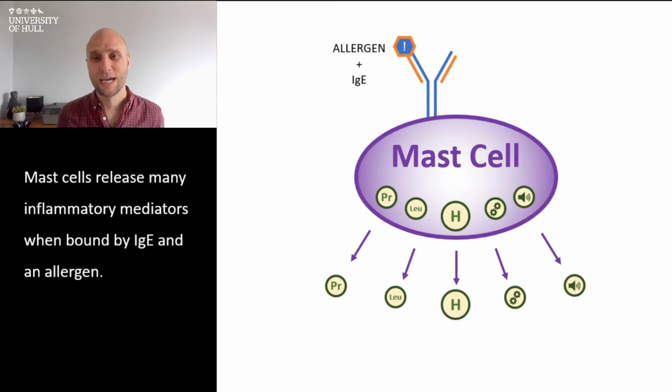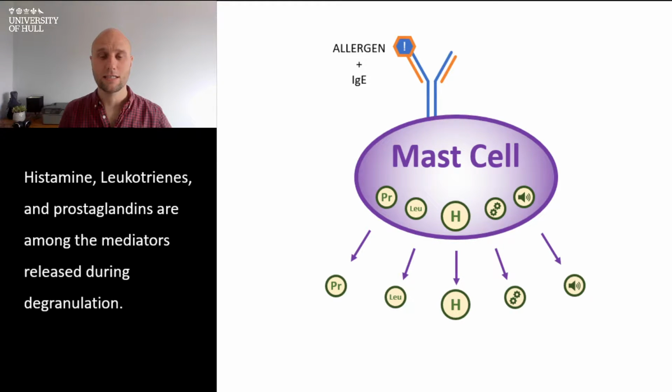You'll see that when antibody, so an immunoglobulin E, is bound with a specific antigen, whether that's a drug or a food or some pollen, those two things together will then bind with a receptor on what we call a mast cell, and the mast cell will release its contents, and that contents is a whole bunch of inflammatory mediators.